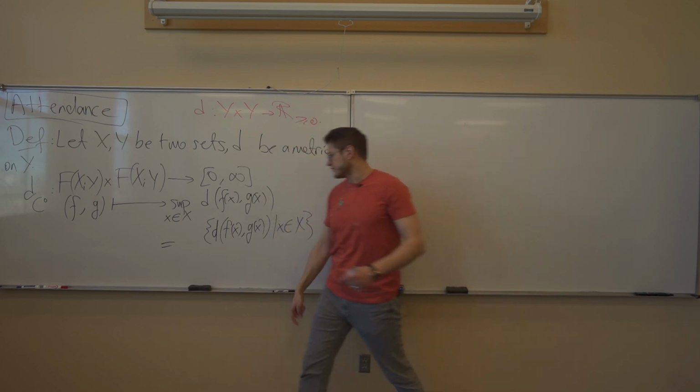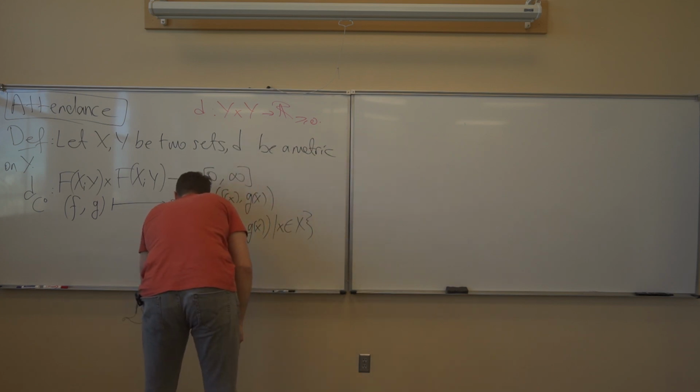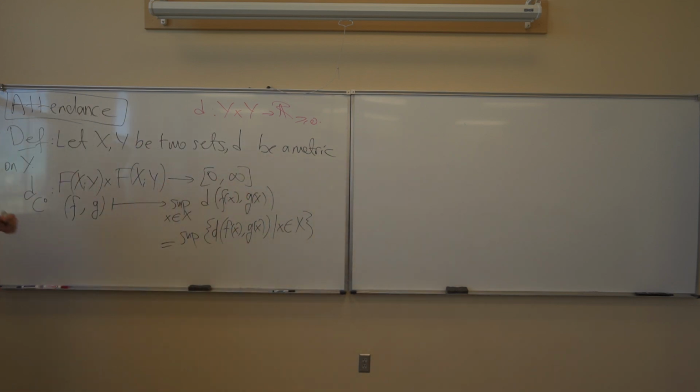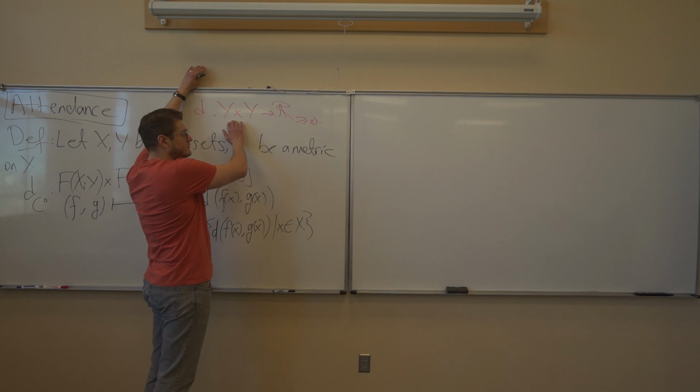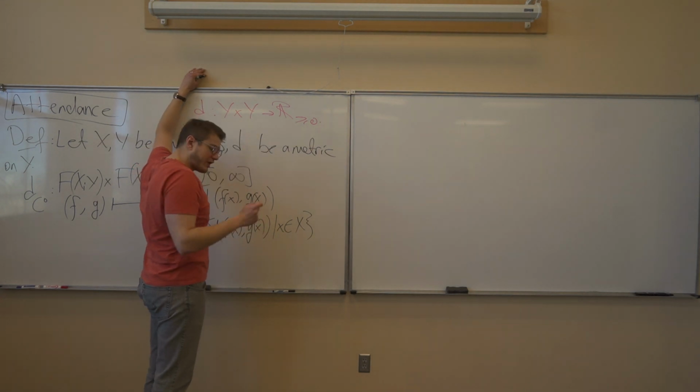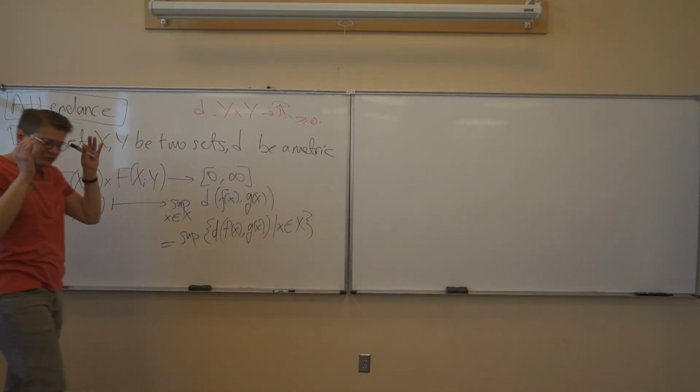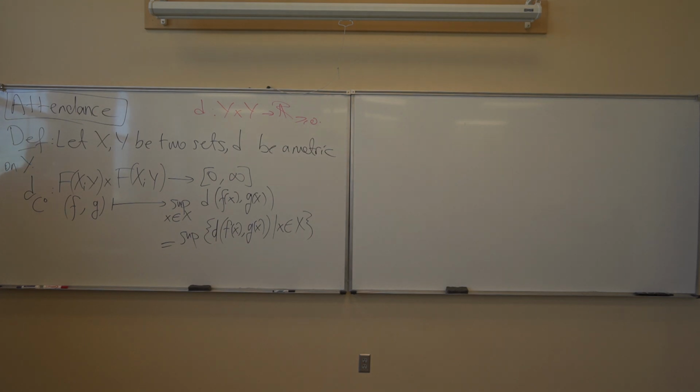Then I take the sup of that set, in exactly the same way that we have been discussing for the past couple of weeks, okay? So this is the value of a metric. No matter how abstract your space is, once you have a metric on it, everything turns into real numbers. And you can handle real numbers, ultimately, okay?